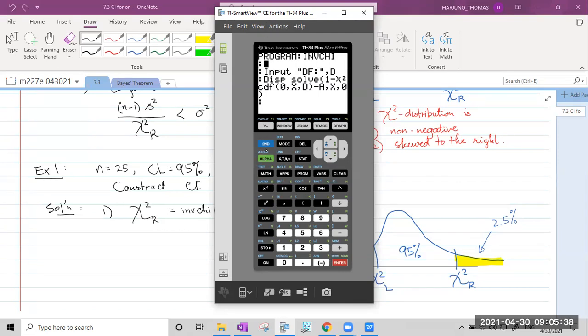Then that will be input. I go to program, IO, input, and then alpha log. Where's my colon? Colon is the plus, and then area. It's my R. Area to the right.